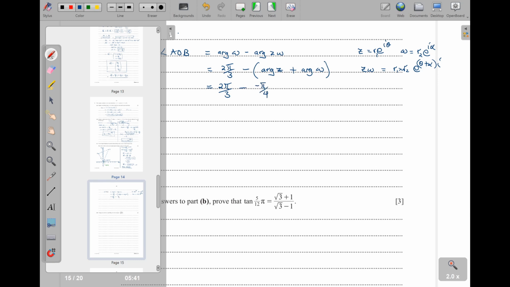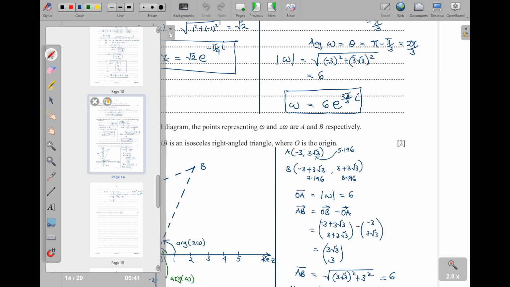It will be affected by this negative here. Then also this one will be a plus, and then minus the argument of w, omega is 2 pi over 3. Automatically, this one will cancel with this, and then we get pi over 4.